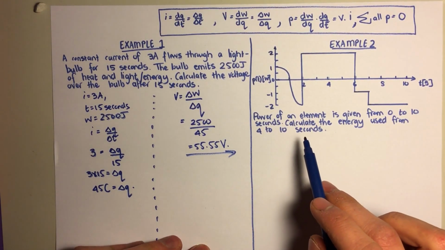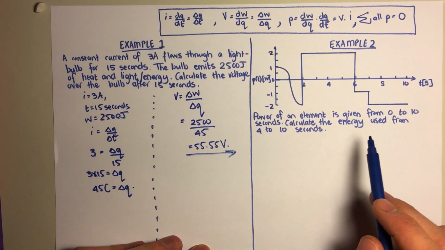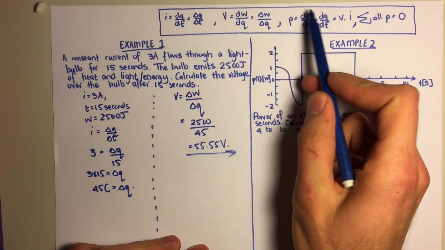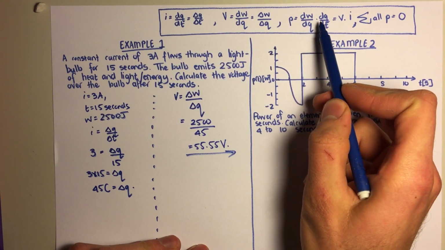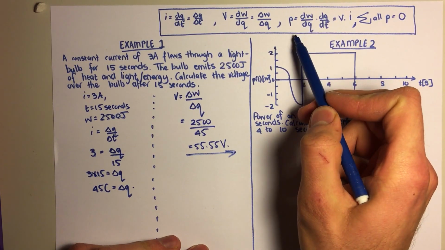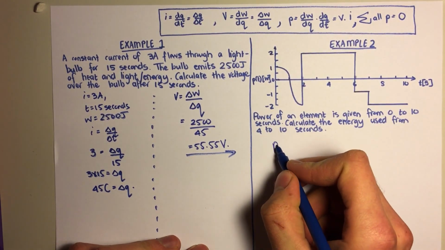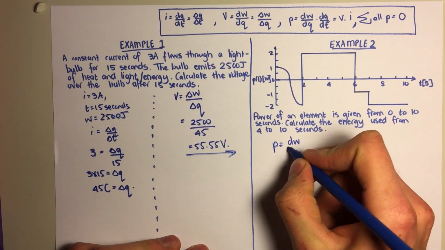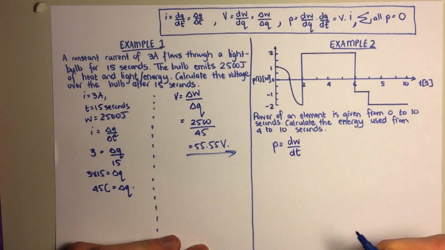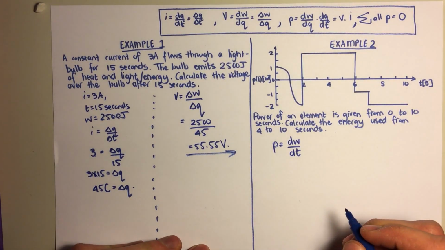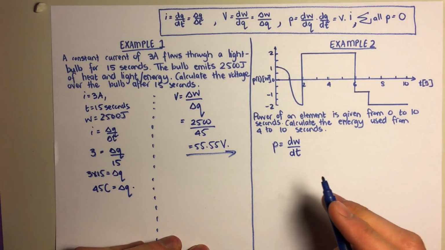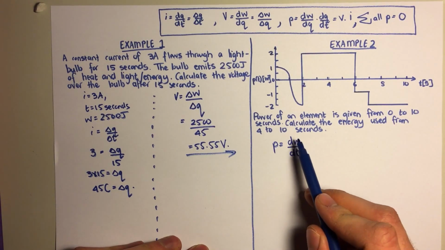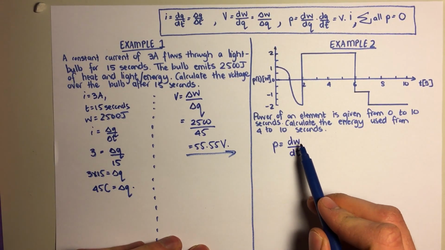Okay, so they want the energy used. So what do we know? Power is equal to dW/dQ times dQ/dt. If we cancel those dQs, because we don't have Q in this case, we get dW/dt. Now we want W, the energy, so how can we get it by itself?